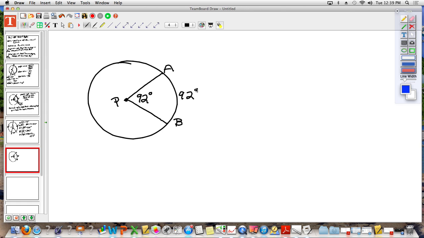But there is another kind of angle that we can talk about, and I want to make sure I talk about it now while you are thinking about this stuff. Put your pencil at A, and draw a segment that goes not to the center of the circle, but to anywhere along the outside of the circle. And stop right there. Then connect it to point B. Just like that.